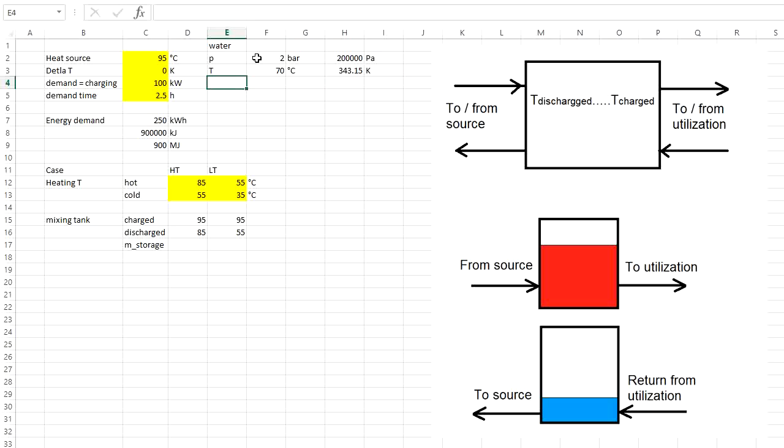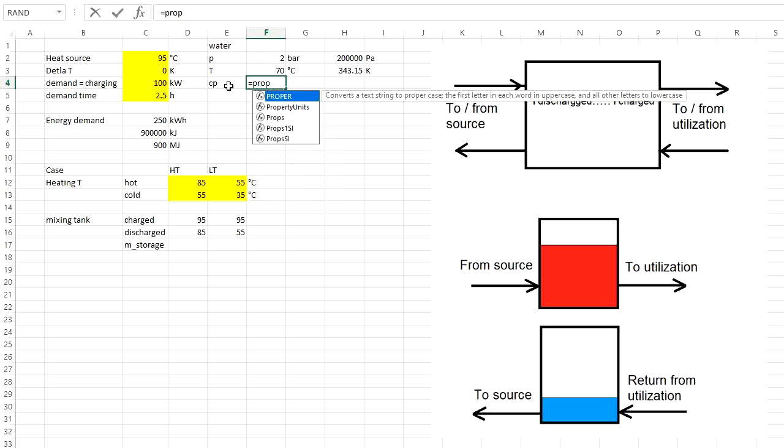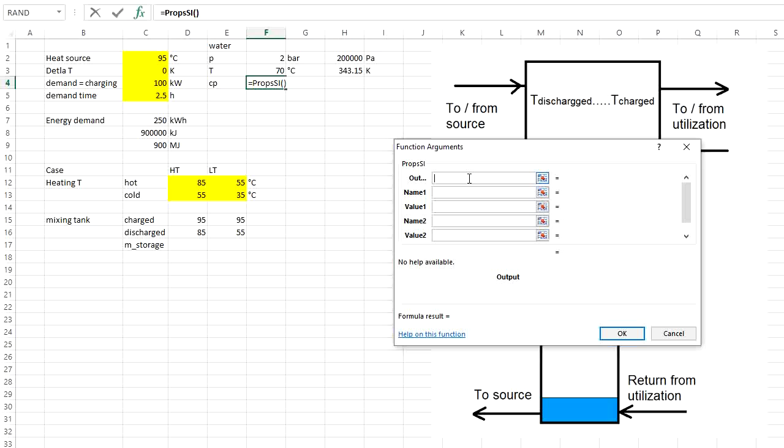And what we will require is the specific heat capacity, Cp. So we will use function PropsSI, where we want to get the specific heat capacity, so it's C based on pressure, temperature, and the working fluid is water.